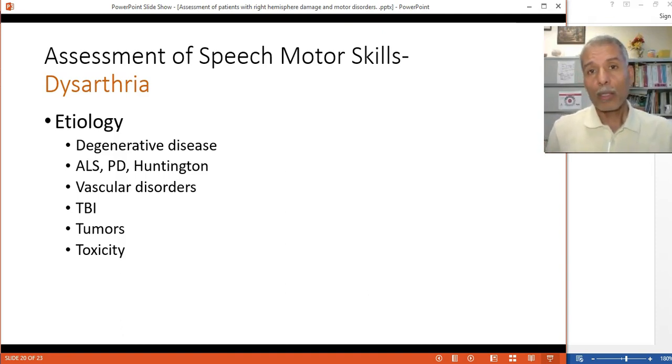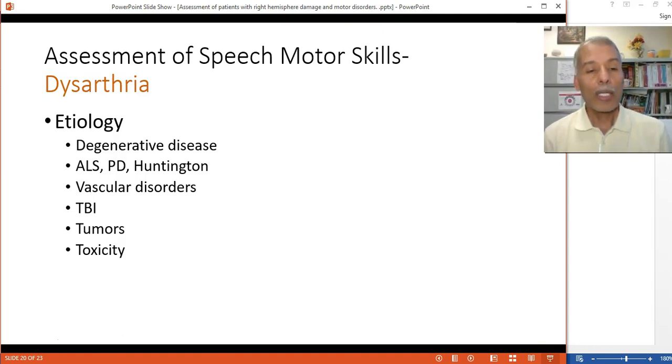As a result, that's going to affect the loudness of their speech. It will affect their ability to make emphasis, to stress syllables, and to produce an emotional effect, to modulate their pitch and the loudness. So it is all about muscles. Muscles are not working well, and as a result, the person has difficulty with speech.